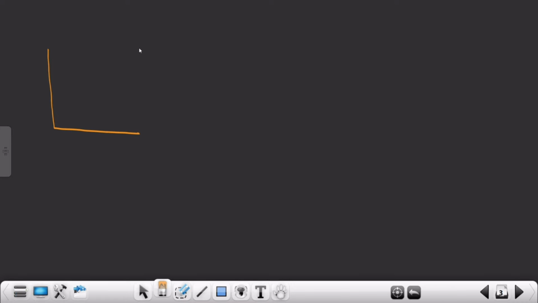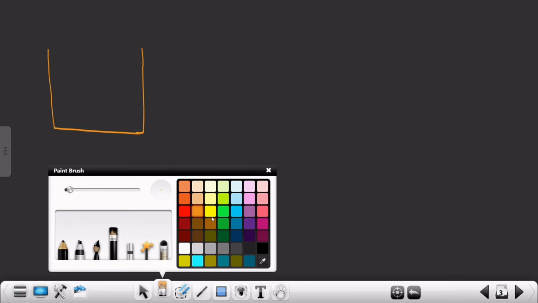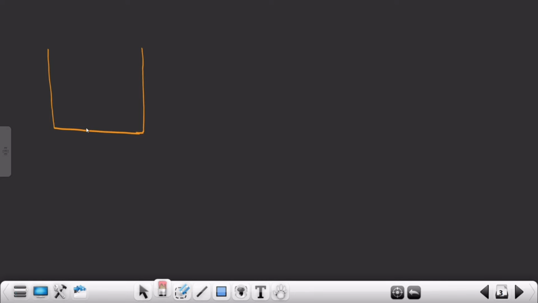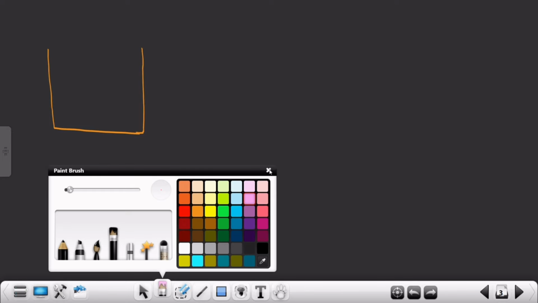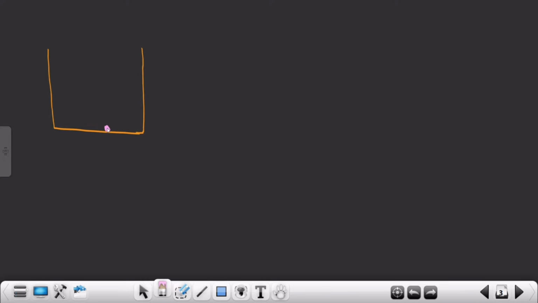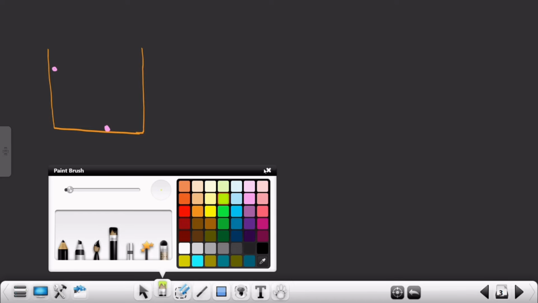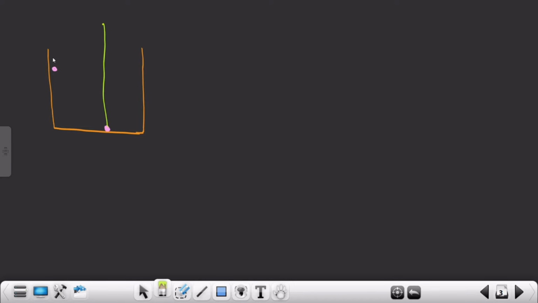This is the bottom point where wire 1 is present. Let me change the color. Over here your wire 1 is present, and somewhere over here your wire 2 is present, right? Let me show it with the help of green.